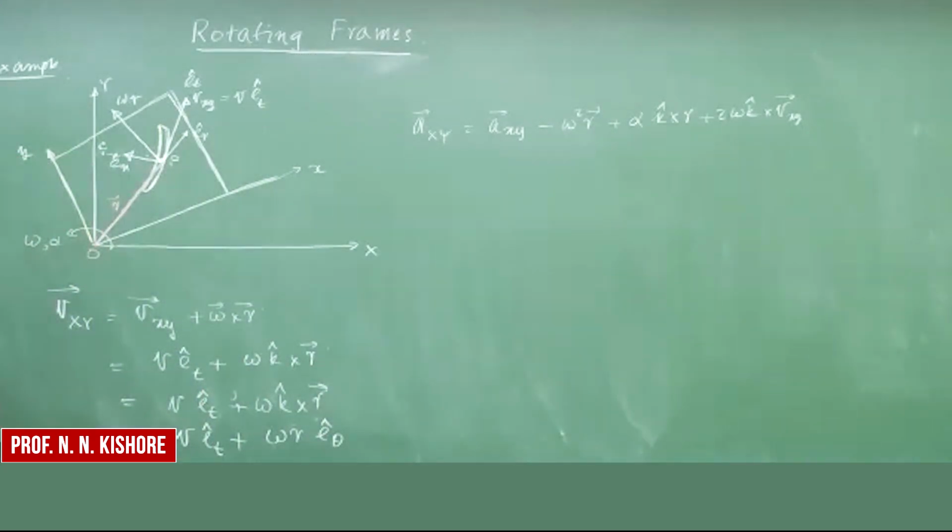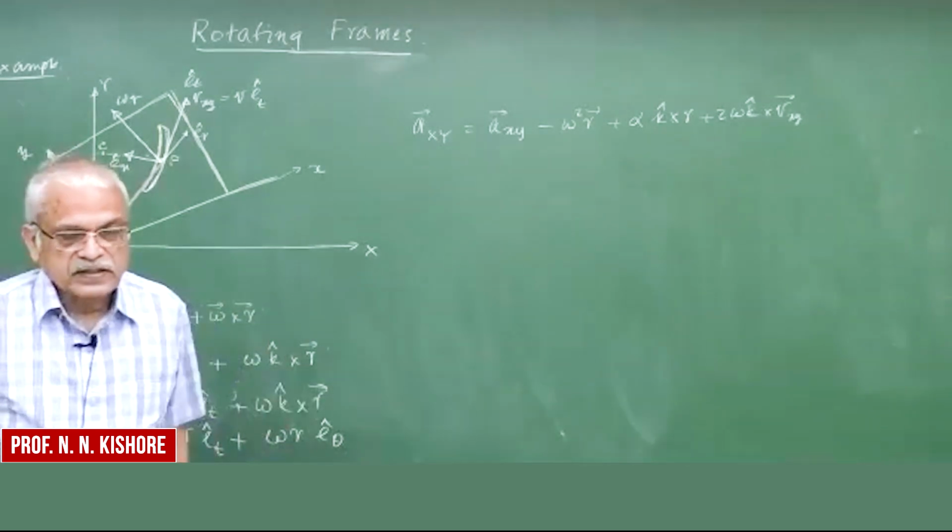Can you tell me what is a_xy? a_xy is the acceleration of the particle as it moves in the small frame without any knowledge that you are rotating. You don't have any knowledge that it is rotating.